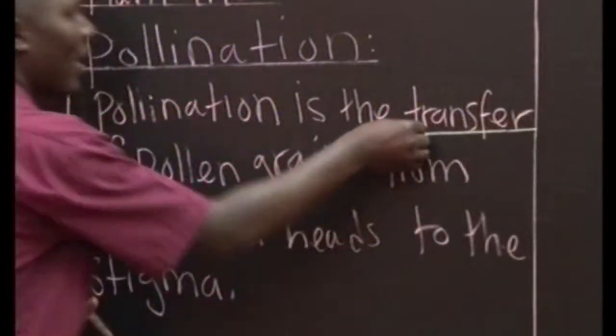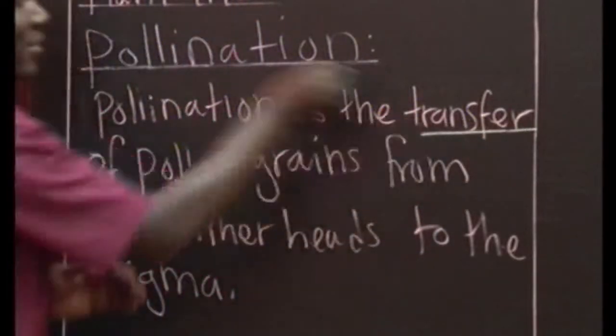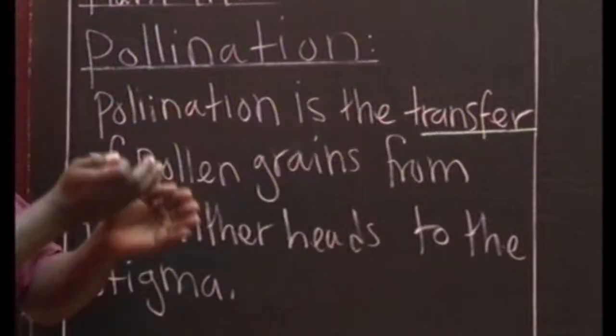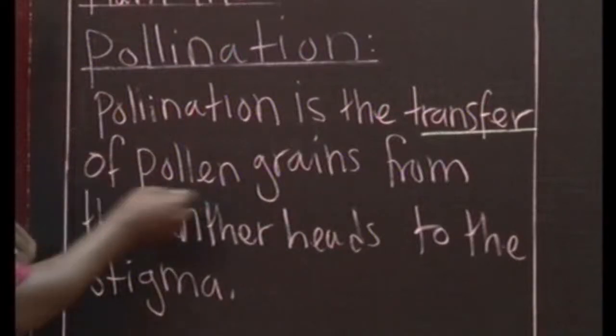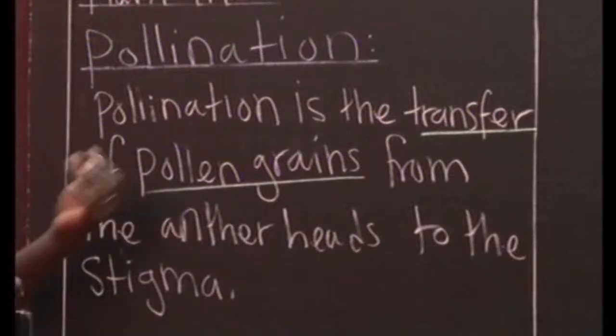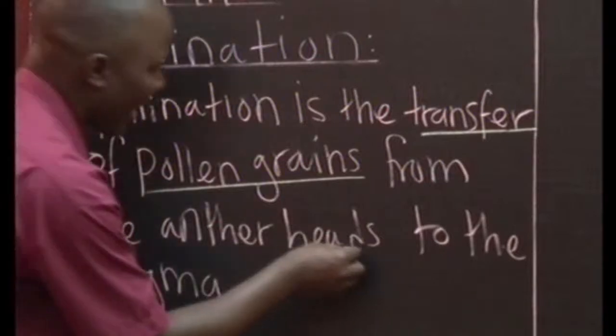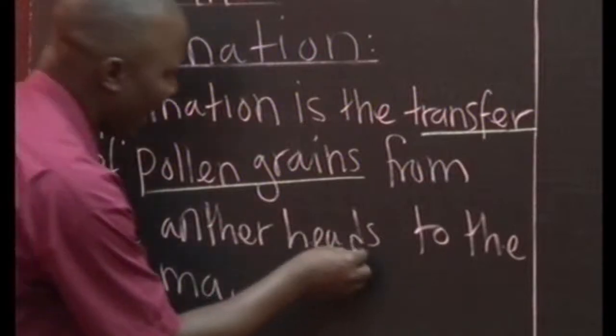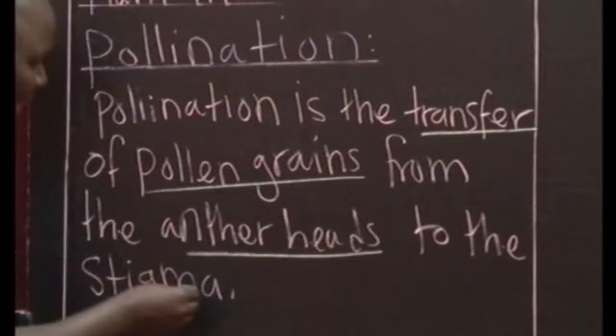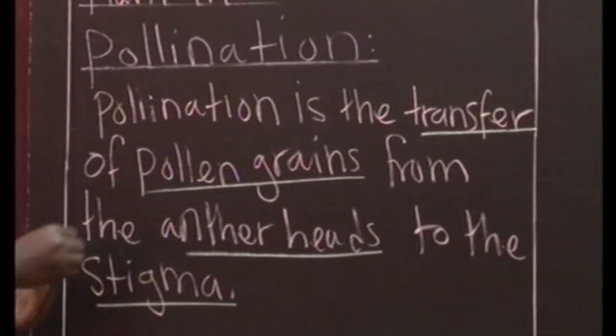Pollination is the transfer. We are looking at the word transfer, moving from one place to another. But what is moving? It is pollen grains. Where are they coming from? From the anther heads to the stigma.